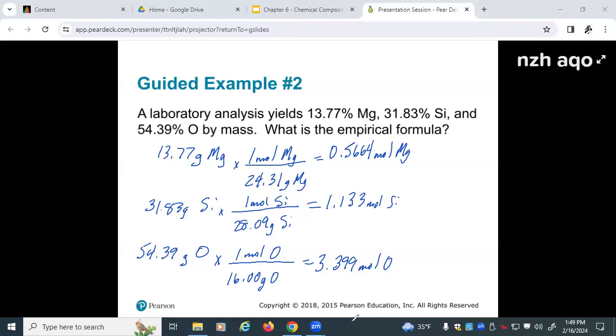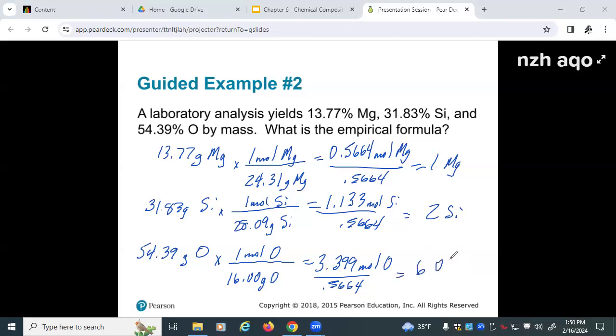We're going to need to standardize. Standardization, we divide by the lowest number in each case. So this time it's the magnesium. So that's going to give us 1 magnesium. 1.133 divided by 0.5664 is going to give us 2 silicon. 3.399 divided by 0.5664 is going to give us 6 oxygen.